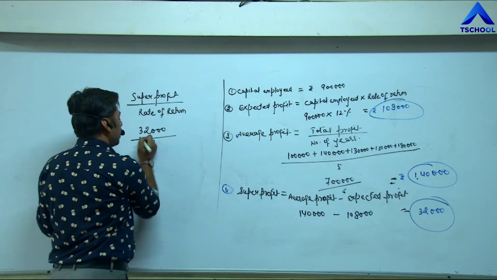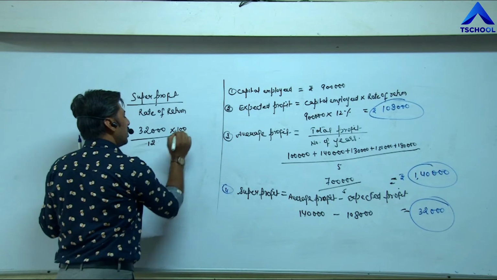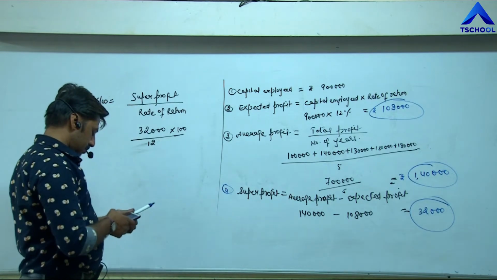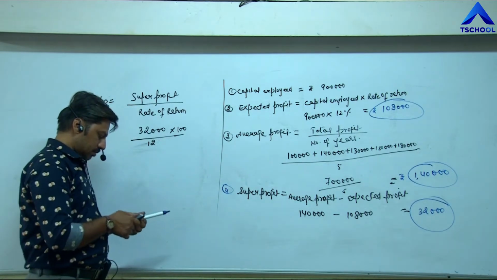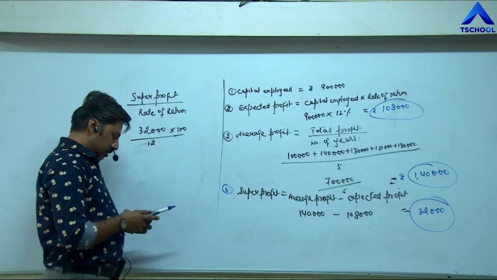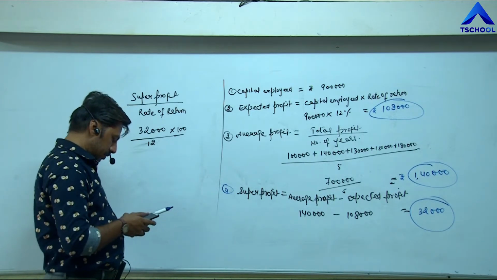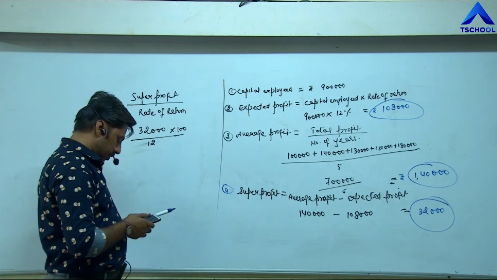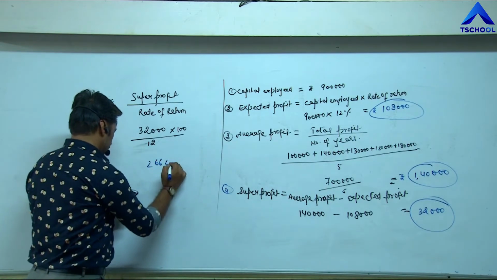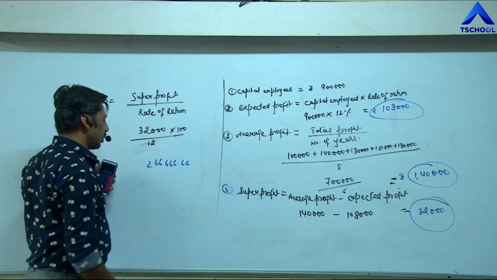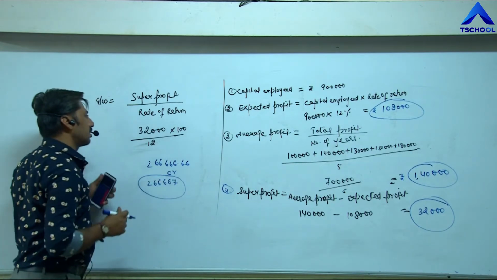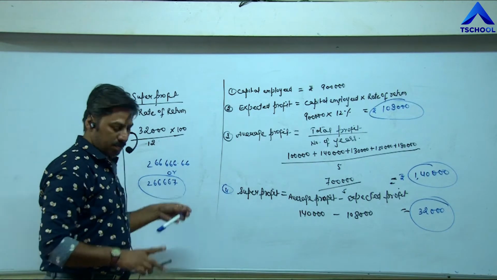So 32,000 into 100 divided by 12 is equal to 26666.66, that is 2,66,667. 2,66,667 is the final answer in the capitalization of super profit method.